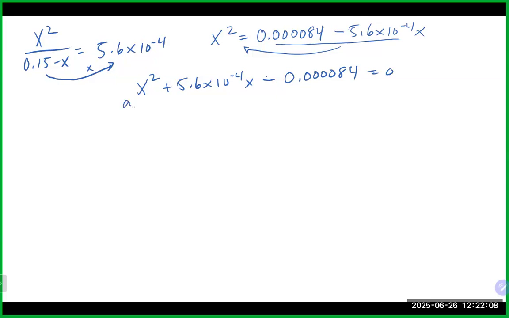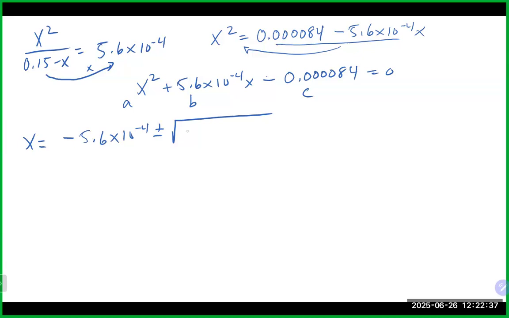That's going to be our a, b, and c in the quadratic. So putting that in, minus b, which is minus 5.6 times 10 to the minus 4, plus or minus the square root. We do everything inside the square root: 5.6 times 10 to the minus 4 squared, minus 4 times a, which is 1, times c, which is negative 0.000084.